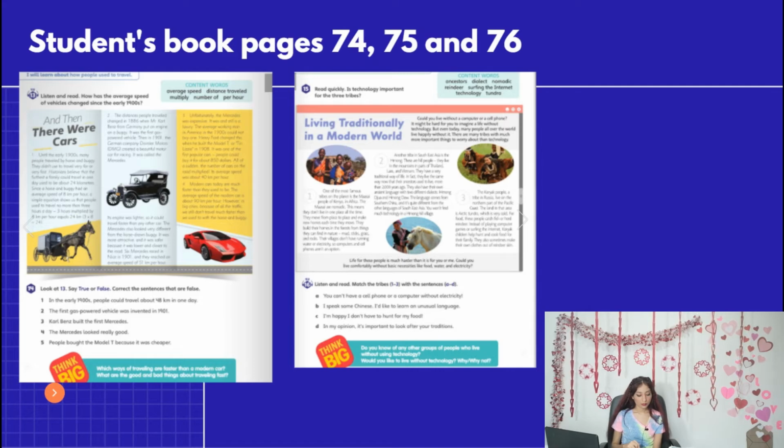2. Another tribe in Southeast Asia is the Hmong. These are hill people. They live in the mountains in parts of Thailand, Laos, and Vietnam. They have a very traditional way of life. In fact, they live the same way now that their ancestors used to live more than 2,000 years ago.